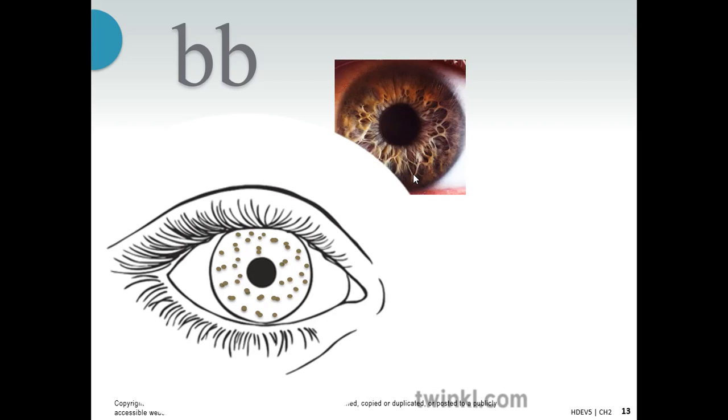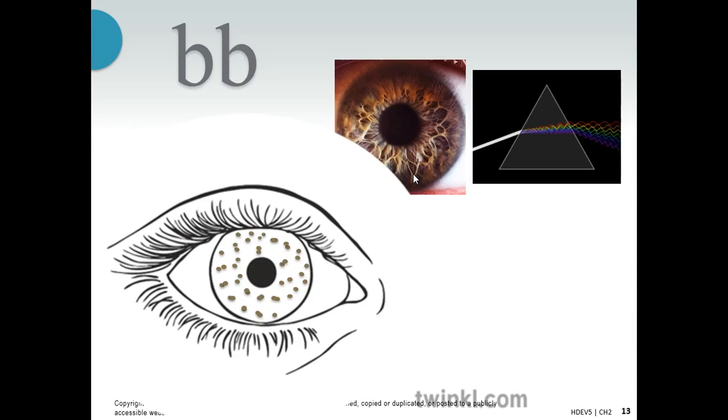Instead, what happens is that if you look at an eye very closely, you'll notice that the eye actually has a lot of texture. So when the light hits the eye, if it doesn't have a lot of pigment in the eye, a lot of that light is just going to bounce back out. And because of the texture of the eye, the light, as it bounces out of your eye, just kind of scatters.